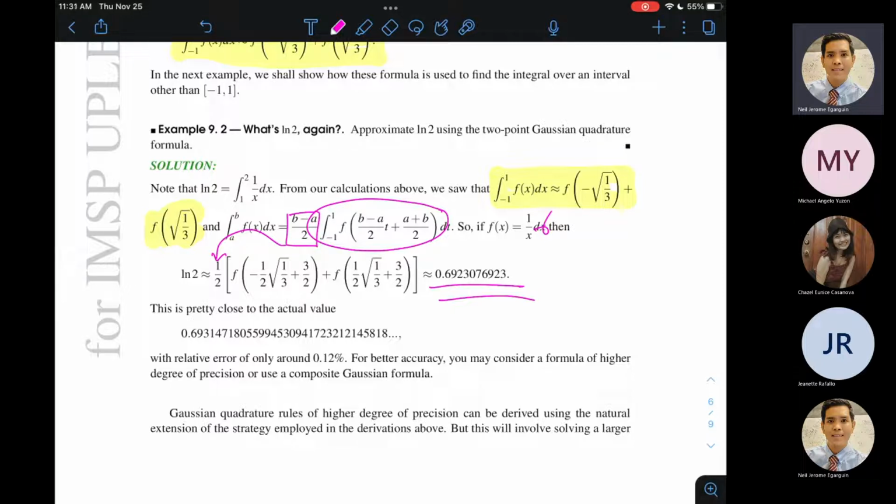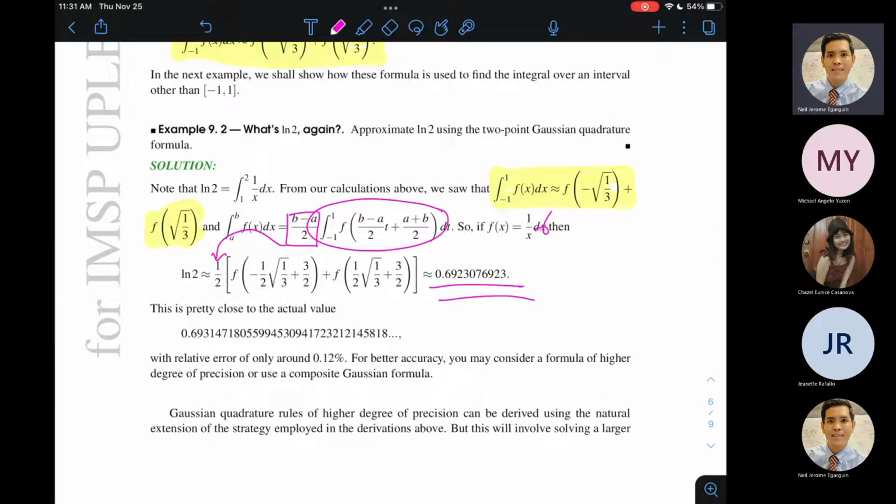Yung Newton-Cotes formula, free tayong pumili ng kahit anong abscissas or free tayo na gamitin kung ano man yung abscissas na given dun sa problem. All we need to do would be to find the interpolating polynomial passing through those given points, and we will integrate the interpolating polynomial instead of the actual function itself. All right.